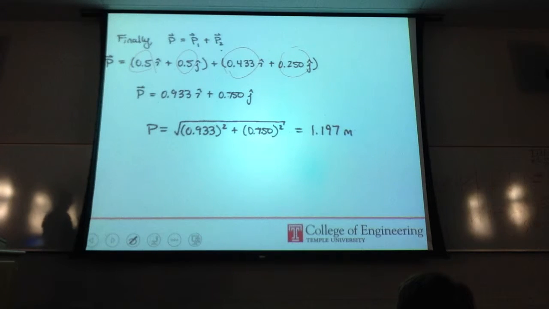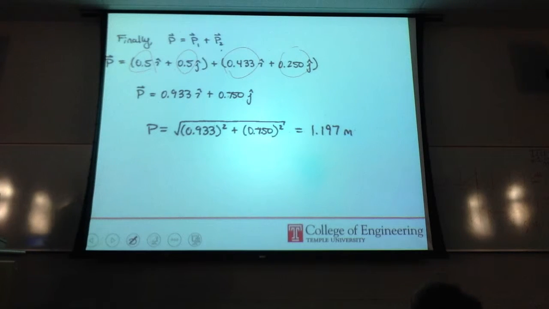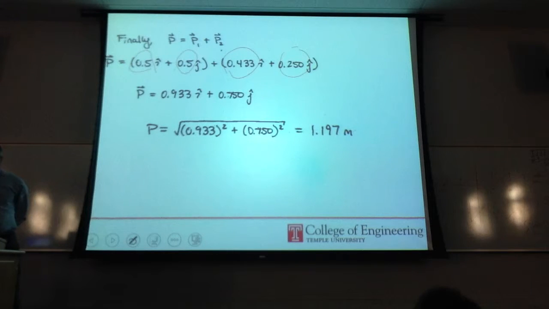So now we know the length of that vector: 1.197. And of course, don't forget, you need to put the units, meters. Now, what else do we need? Yes. Angle. How do we find that angle? Okay. Py over Px. Is that how we find the angle?